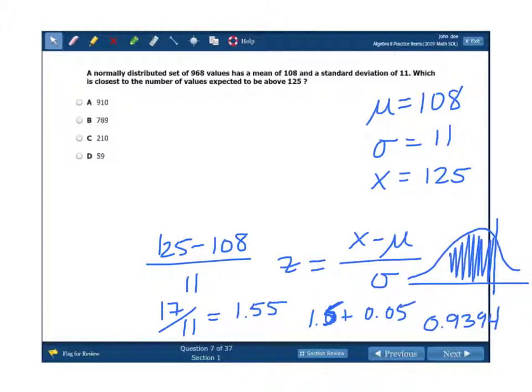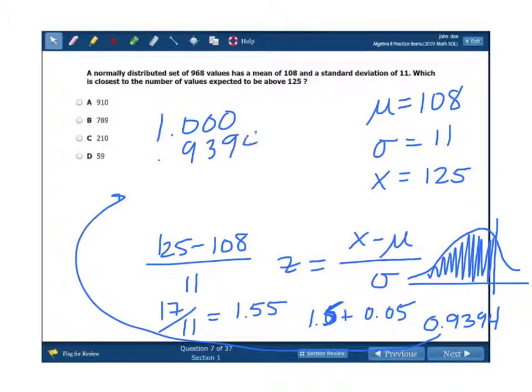They're asking up here, how many would be above 125? So you're going to take that 0.9394 and subtract it from 100%, or 1. That gives you 0.0606.